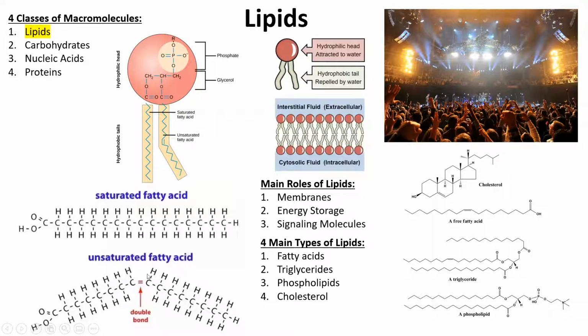Now let's look at this right here, which is called an unsaturated fatty acid. An unsaturated fatty acid means that it does not have the maximum amount of bonds to hydrogen. So see right here, we have a double bond between two carbons. Now let's say that this double bond were to break and you were to have a single bond right here.